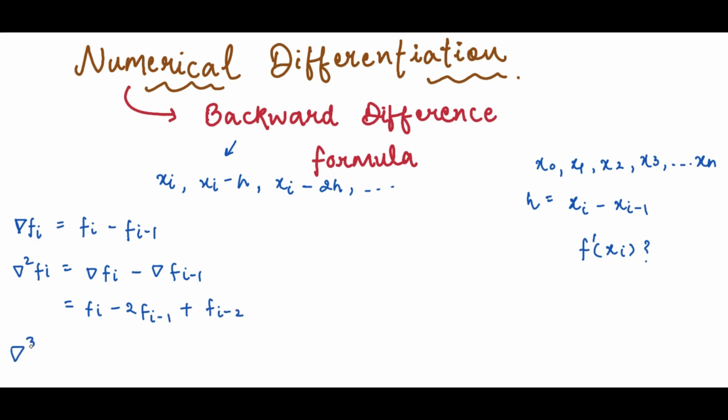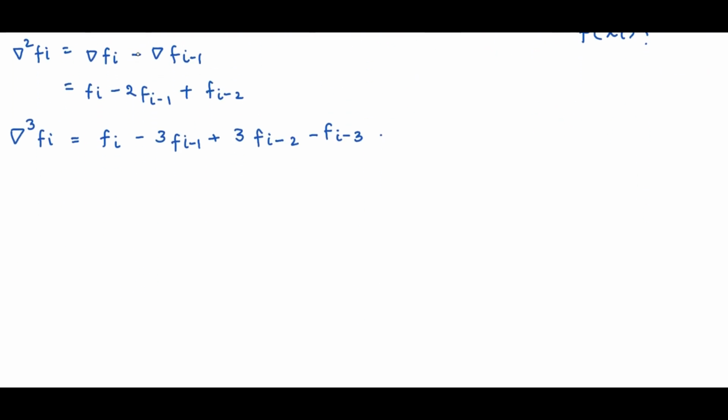Similarly, nabla cube fi equals fi minus thrice f of i minus 1 plus thrice f of i minus 2 minus f of i minus 3. These backward differences will help us understand the derivative formula.